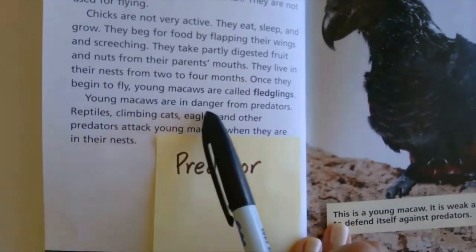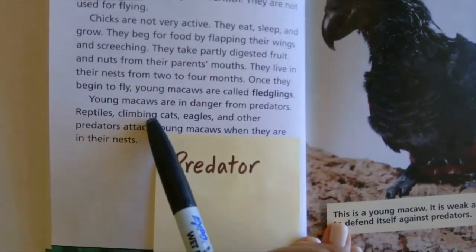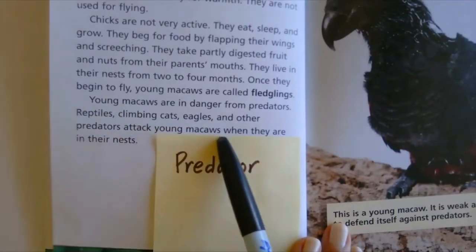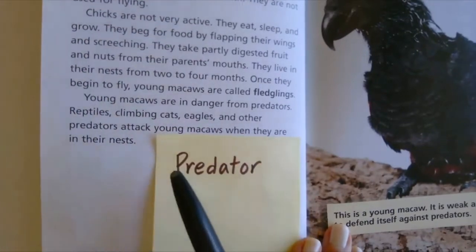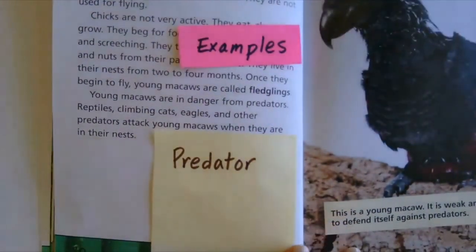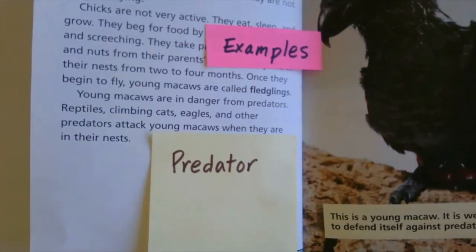Young macaws are in danger from predators. Reptiles, climbing cats, eagles, and other predators attack young macaws when they are in their nests. Once again, I think I can use my example context clue strategy, because in this text, it's giving me a list or examples of predators.